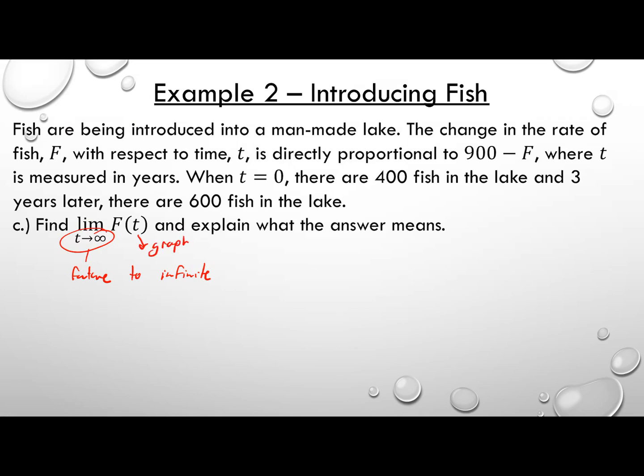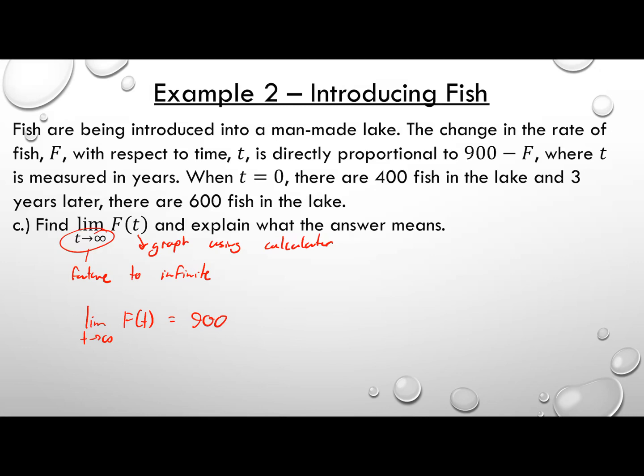So graph using calculator. You would see as we just go into the future in infinity, the limit as t goes to infinity of f of t, if I remember correctly, should be equal to 900. Yes, it should be equal to 900.